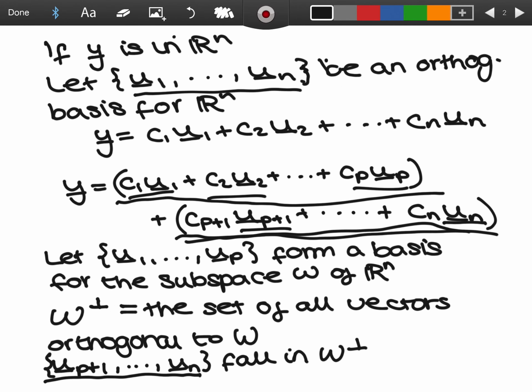If y is in W, that means that it can be written as a linear combination of those p vectors that span W, which means each one of these would have a 0 coefficient. c_(p+1) through c_n would have a 0 coefficient. They'd all be 0, which means that if y lies in W, it's its own projection. You don't need to project it anywhere because the closest point to y that lies in W is itself. Because you don't have to go anywhere, you're already in W.